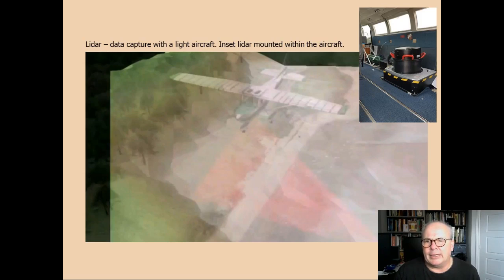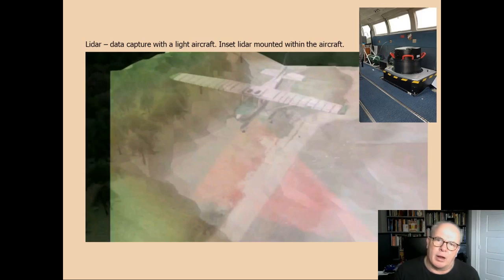The greater the distance between this point and this point here, the less the resolution of the data. The closer the aircraft is to the ground, the better the resolution of the data as well, because if you imagine a laser emitting from this sensor onto the ground, the further away it is, the more spread it will be by the time it hits the ground. So that's why you end up with surveys that are of different resolutions.